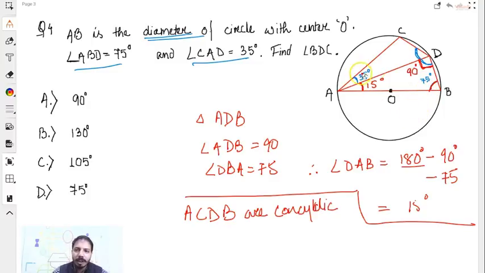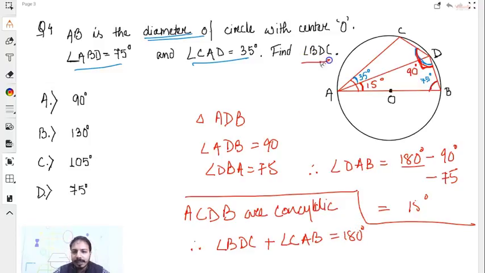If this is a cyclic quadrilateral, then the sum of these opposite angles should be 180 degrees, right? Therefore I can say angle BDC plus angle CAB should be equal to 180 degrees.